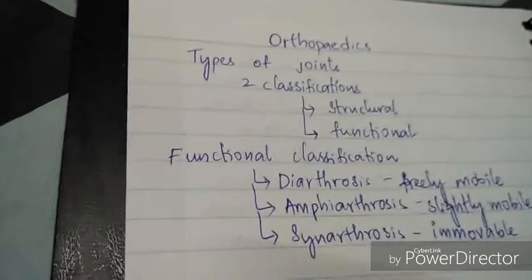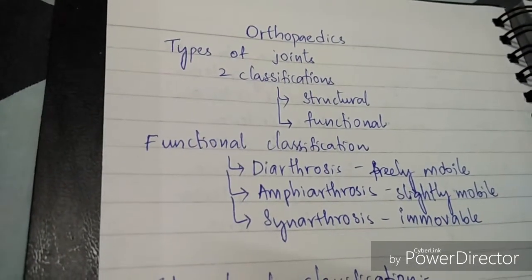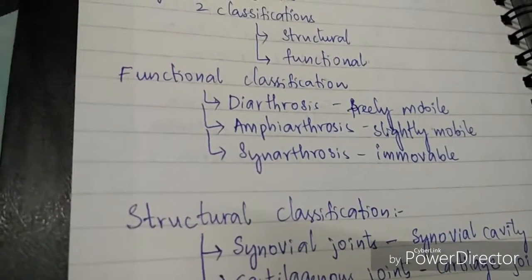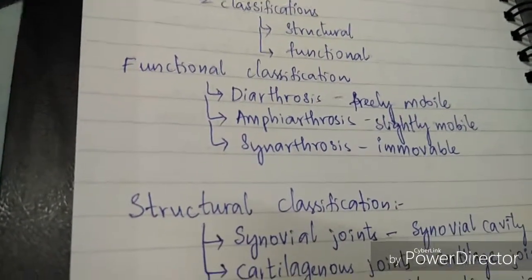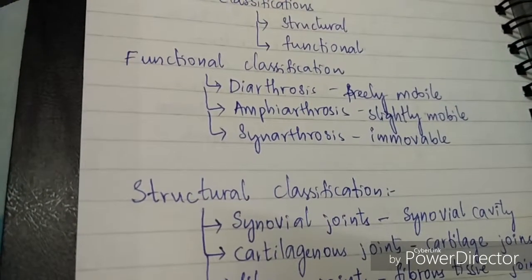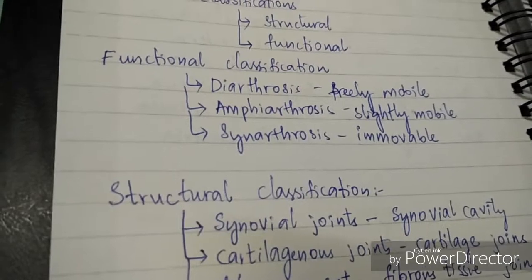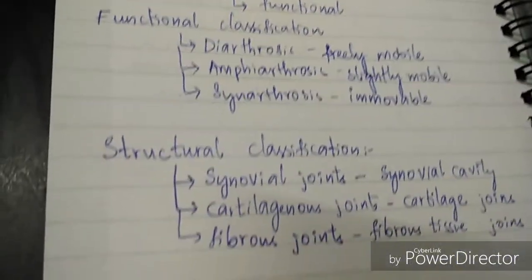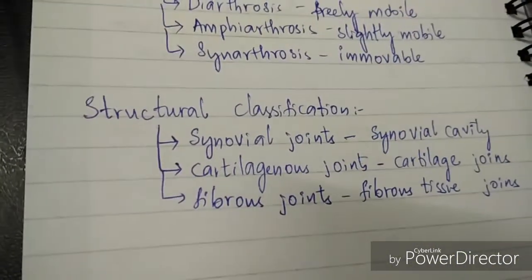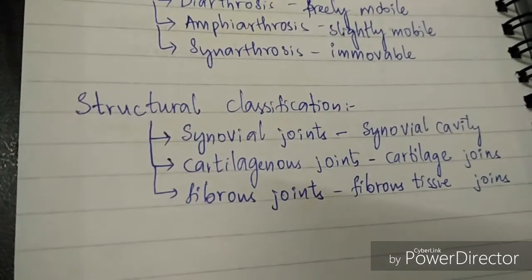So, let's come again. There are two types of classification of joints: structural and functional. Functional classification is based on their mobility. Diarthrosis, freely mobile joints. Amphiarthrosis, slightly mobile joints. Synarthrosis, immovable joints. And structural classification: synovial joints, cartilaginous joints, fibrous joints.